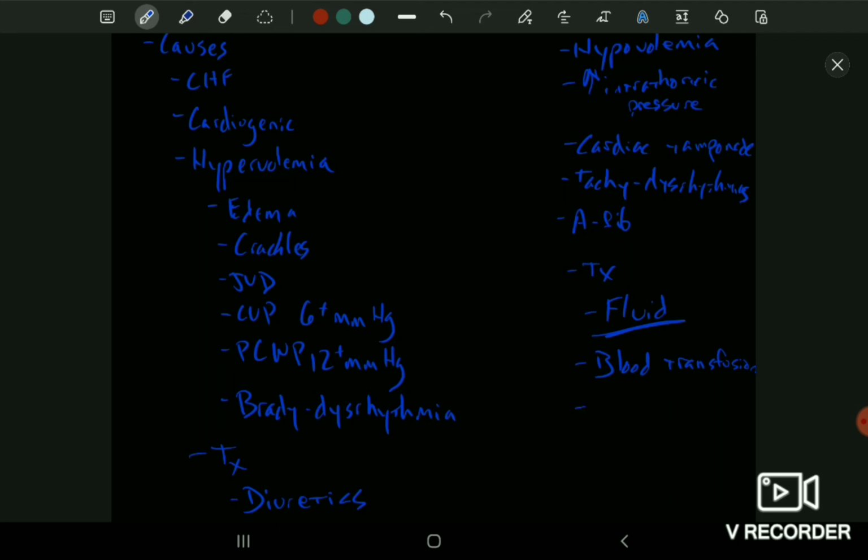Also, if they're on vasodilators and their preload is really low, you can consider decreasing the vasodilators, or even considering if they still need them, such as Levophed, norepinephrine.